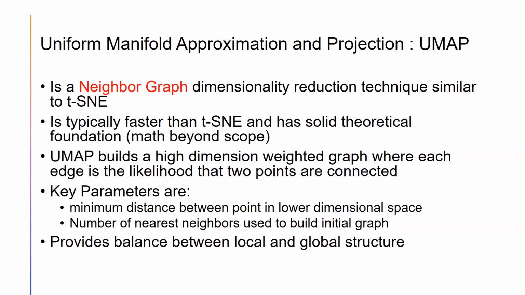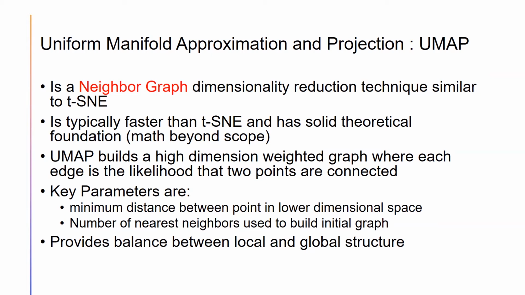There are a couple of key parameters for UMAP. Basically it utilizes a minimum distance to build the graph in lower dimensions, but before that, it builds a nearest neighbor graph in the higher dimensional space. So it balances, unlike TSNE, local structure versus global structure.